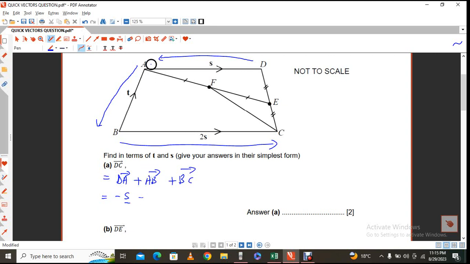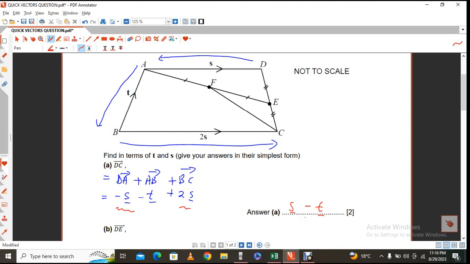And then you're going against T, because you're going from A to B, so it's just minus T, and then you're going along 2S, so you add 2S. Now, just think of this as vector geometry or like terms, where this and this give you nothing but S, and then obviously minus T.